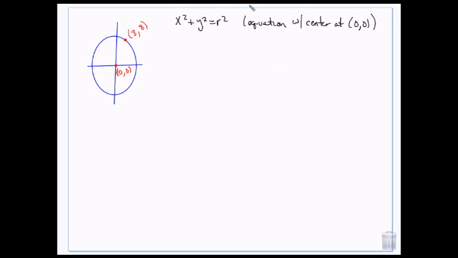First I have to find the radius to be able to plug it in. The radius is the distance between this point and that point, so I'm going to use the distance formula.